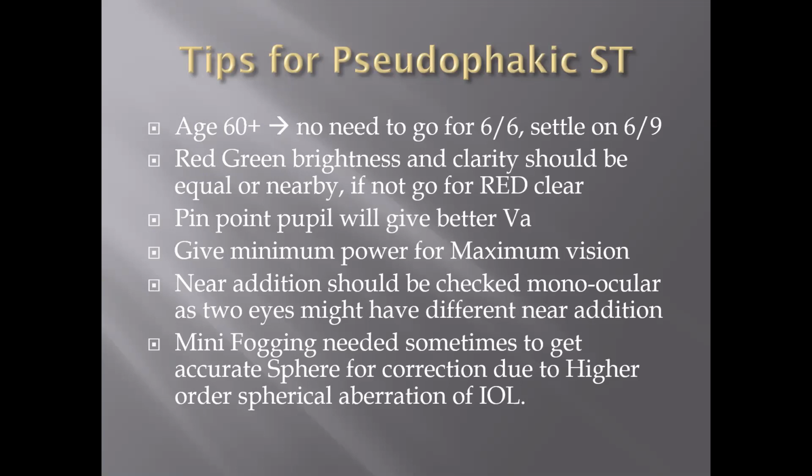Otherwise, if the patient is reading 6/9 hesitantly, don't show 6/6, because there are many reasons which can compromise visual acuity by one line, like age-related macular degeneration or some macular pathology, posterior capsular opacification, corneal opacity, some media opacity or floaters. Anything can reduce the vision by one line physiologically. That is a senile change or age-related degenerative change.